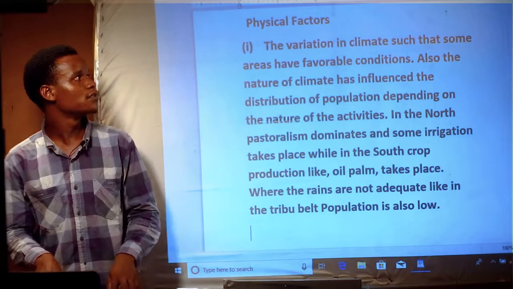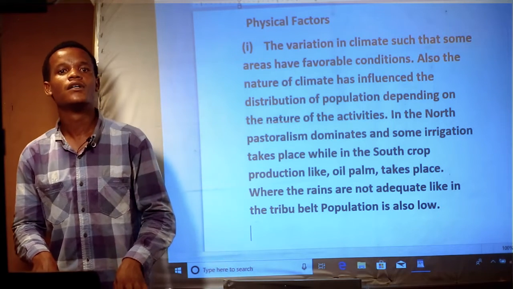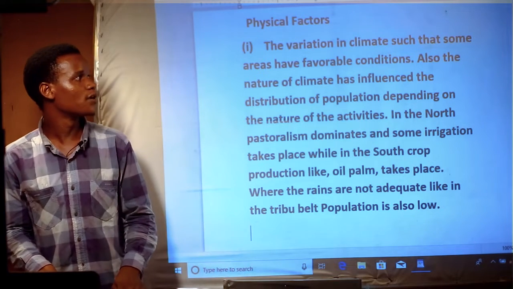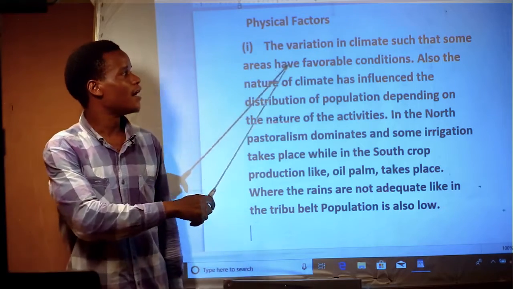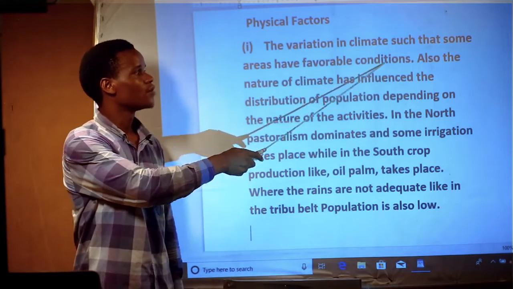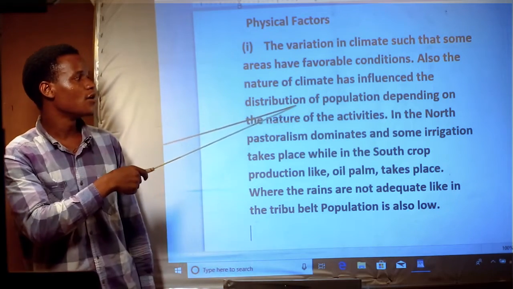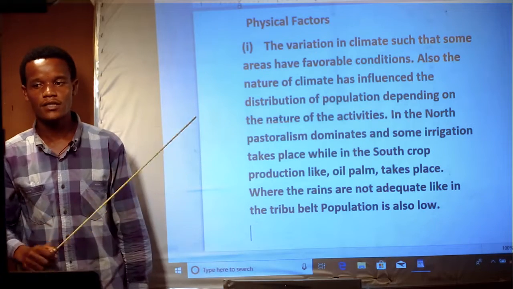The first point is physical factors. When we talk about physical factors, we are going to look at different things. For example, climate, such that some areas have favorable conditions. The nature of climate has influenced the distribution of population depending on the nature of the activities.